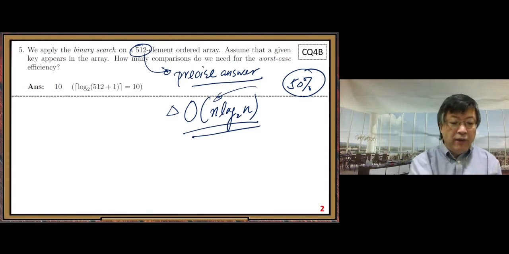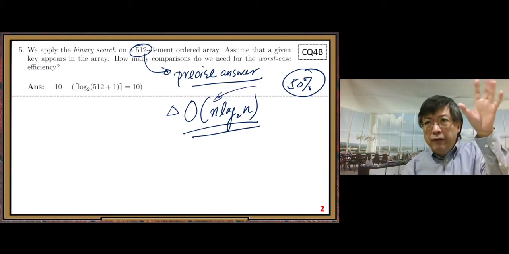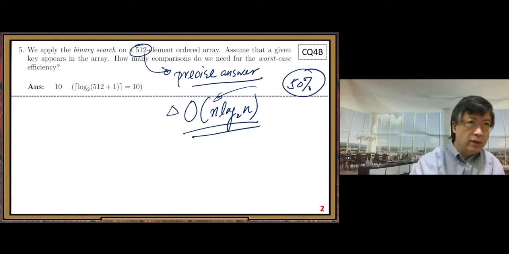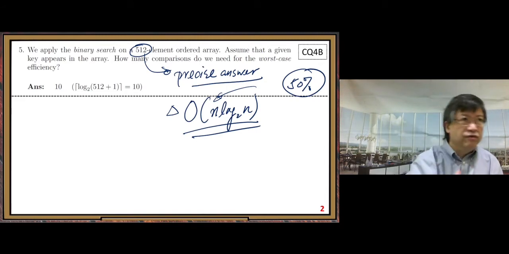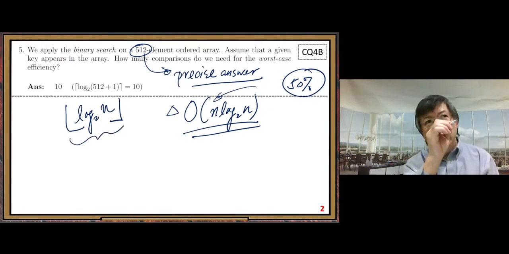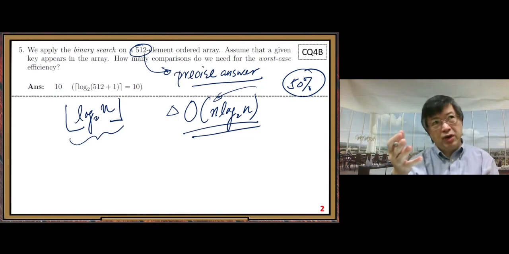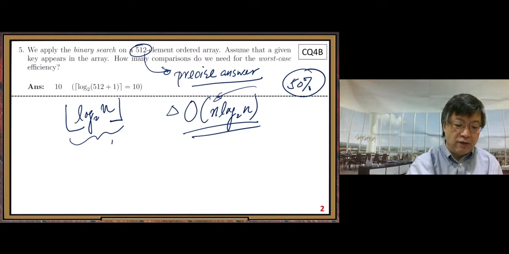The second thing, the formula for binary search. We are familiar with binary search. Most of the students, based on their intuition, for the worst case number of comparisons, usually use this expression, because it should be an integer, right? This comes from intuition.